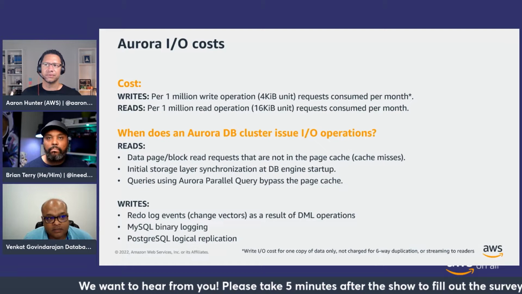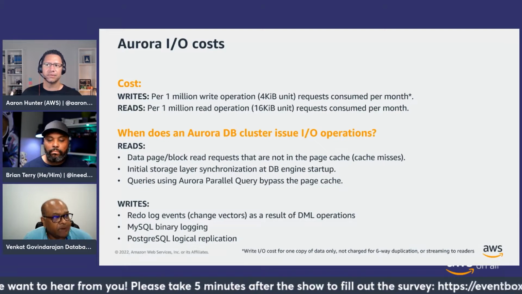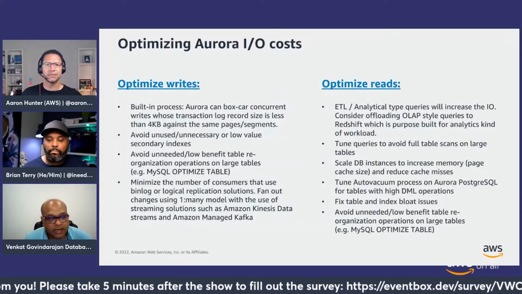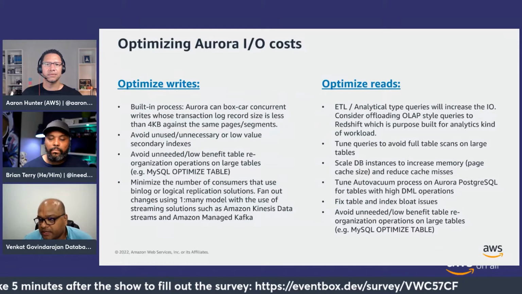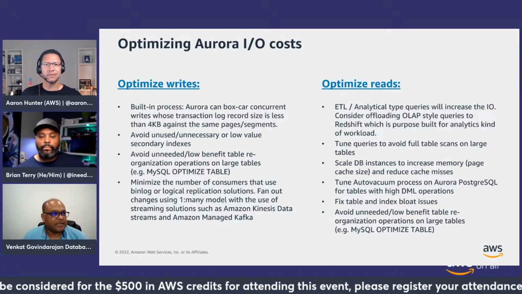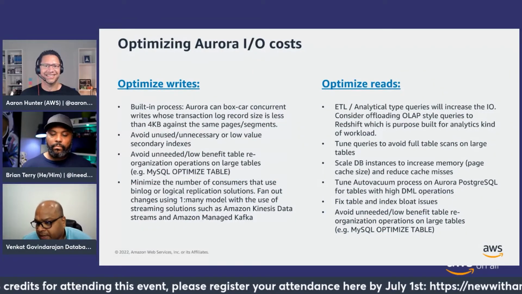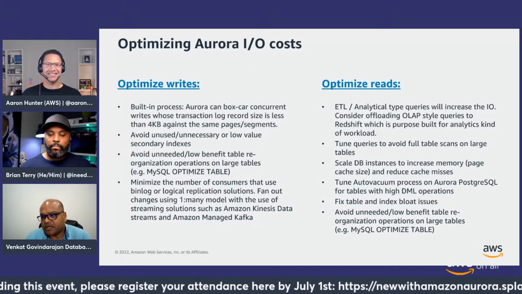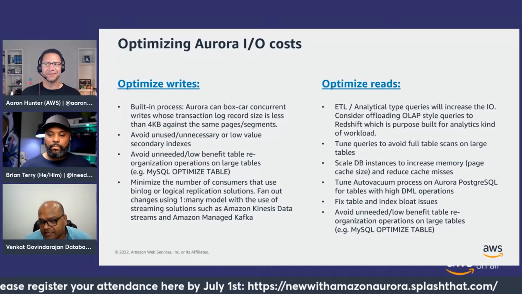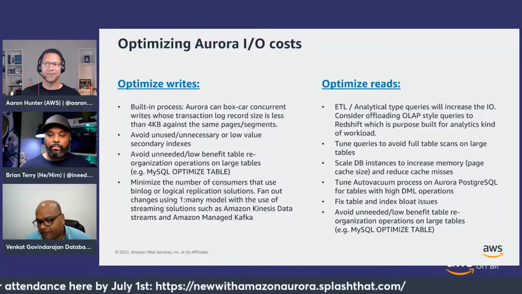Right. In the next slide, we're talking about how to optimize Aurora IO cost. We already spoke a lot about this. I touched on IO many times. Let me quickly run through this and see if anything new comes up. There is what we call boxcar concurrent writes, for the transaction log, for writes less than 4 KB.